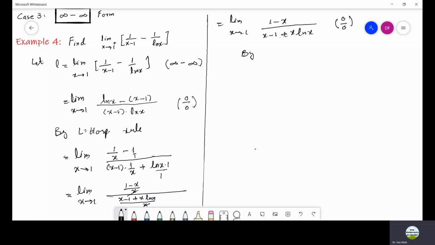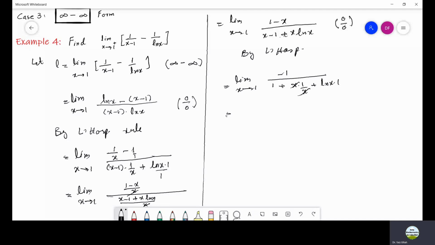We are using the L'Hopital rule once again. So we have the limit as x approaches 1 of minus 1 divided by 1 plus first function into differentiation of the second plus second function into differentiation of the first.